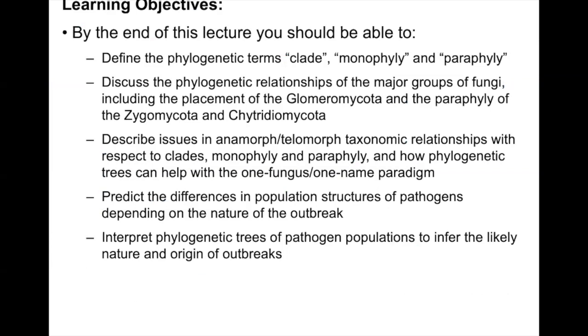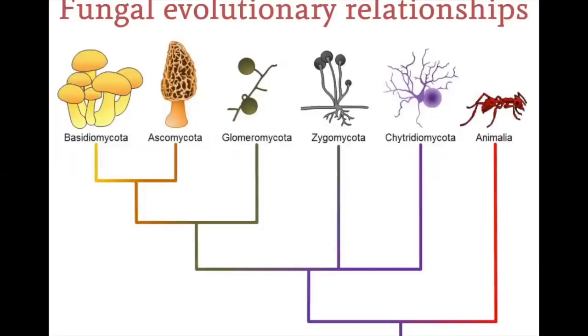Predict the differences in population structures of pathogens depending on the nature of the outbreak, and interpret phylogenetic trees of pathogen populations to infer the likely nature and origin of outbreaks. So by the end of all this, you should be able to do all these things. So I'll get started talking about phylogeny in this particular mini lecture.